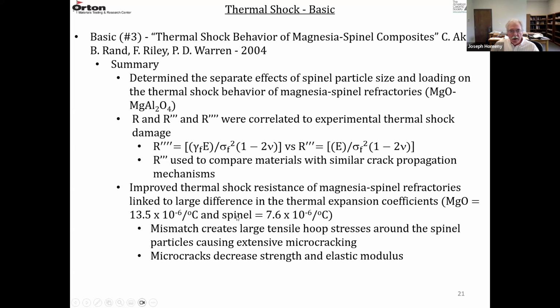So in these composites, you have a spinel phase dispersed in an MgO matrix. So there's a thermal expansion mismatch that creates a large tensile hoop stress around the spinel particles.